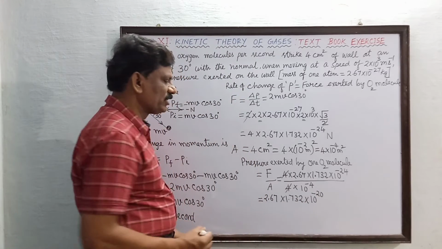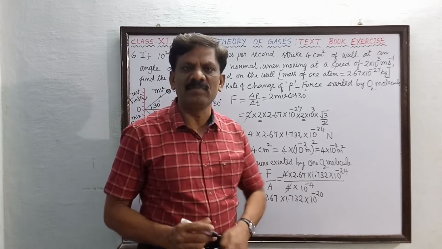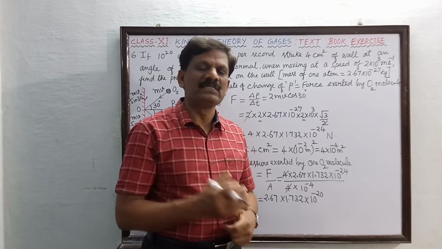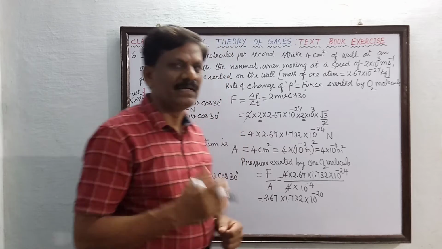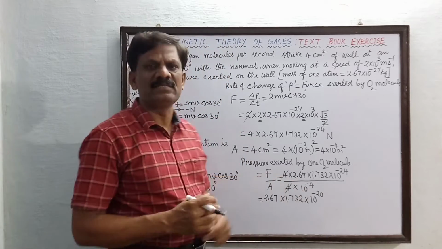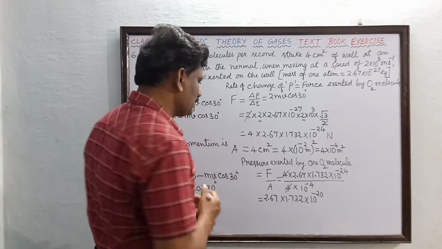So this is the pressure exerted by only one oxygen molecule, is it not? Therefore, what is the total pressure exerted by 10 power 20 molecules? You have to multiply this by 10 power 20. Understand?